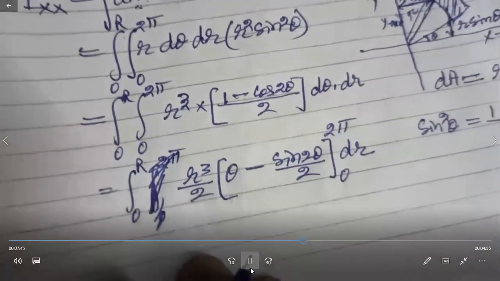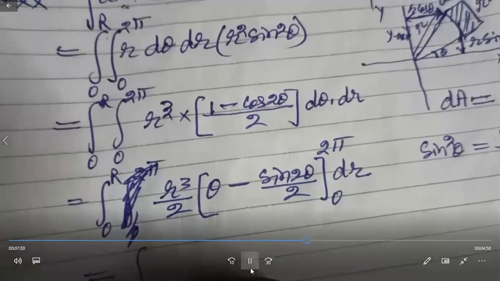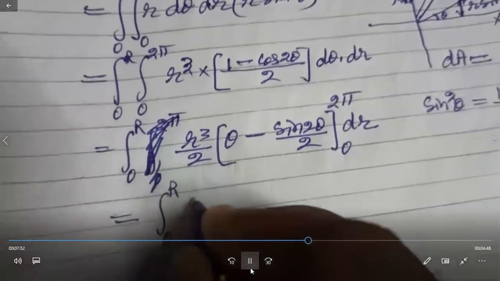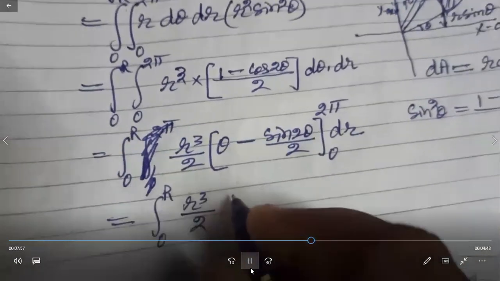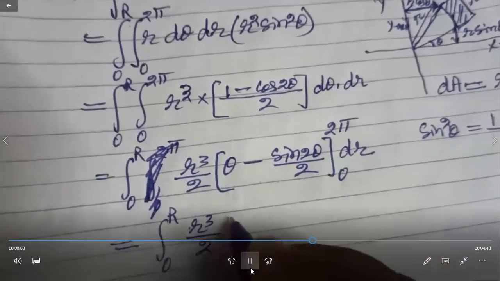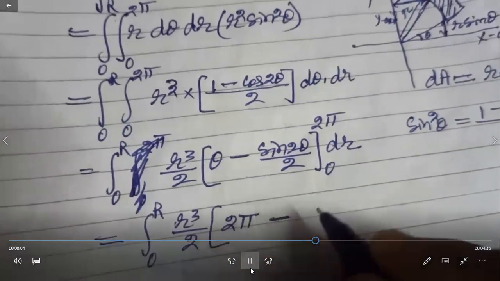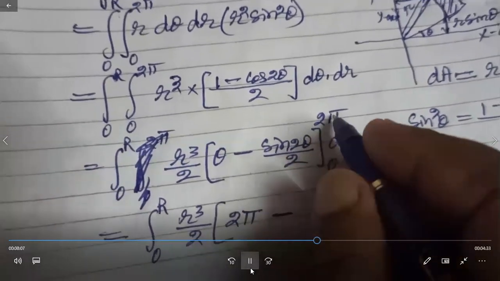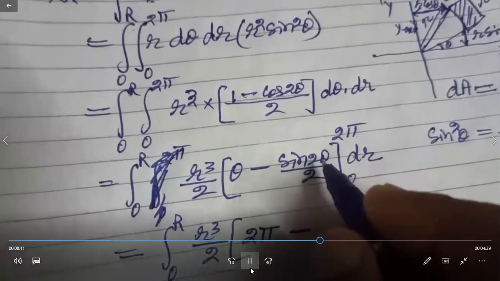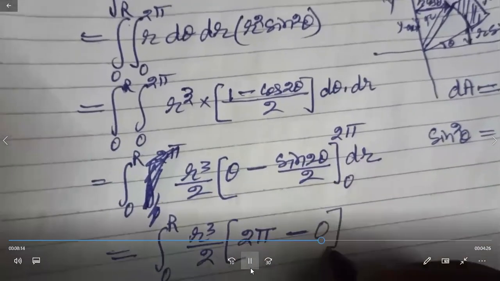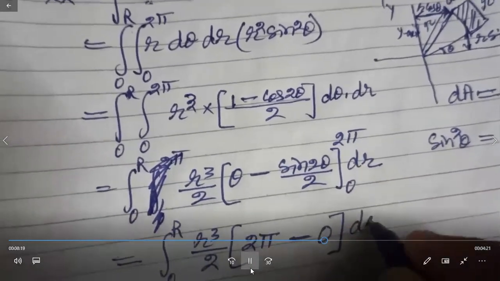On putting the limits, r cube by 2, and this will be equal to 2 pi, and minus here, when we place 2 pi, it will be 0, and when we place 0, it will be 0. So this is this. Now this is dr.